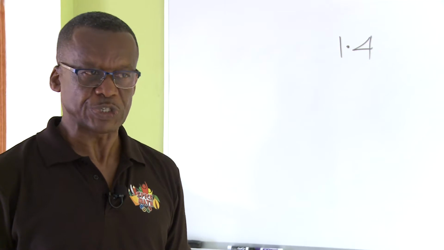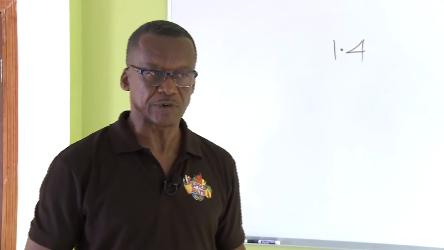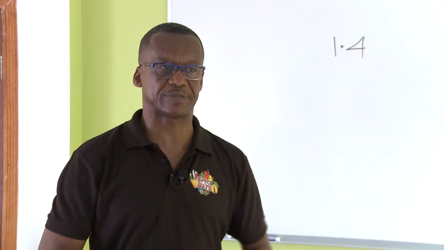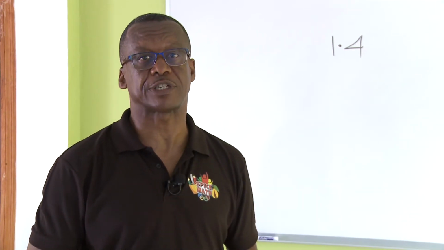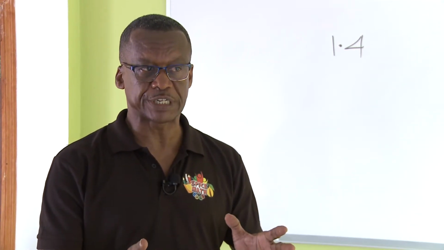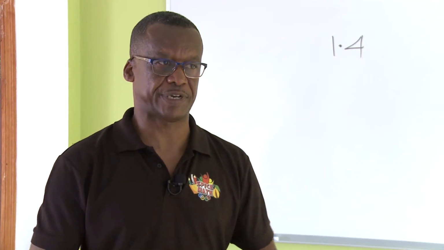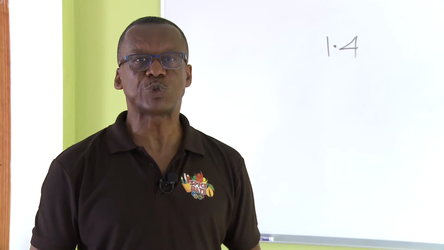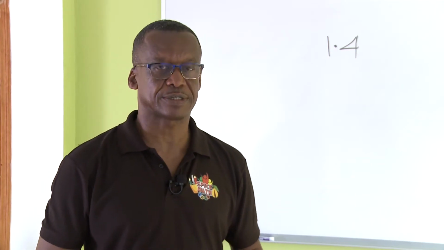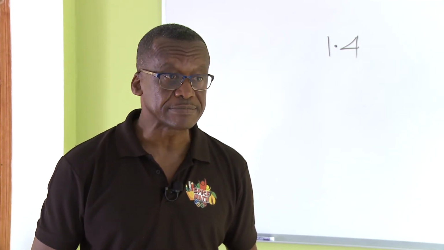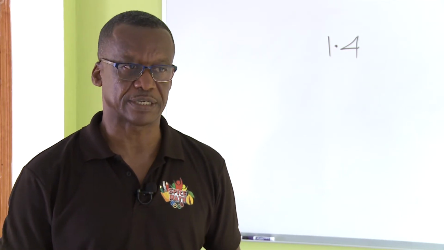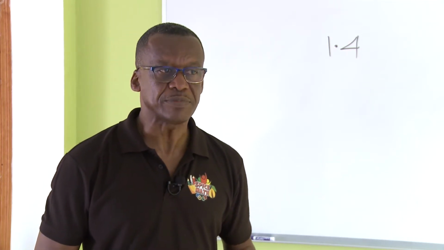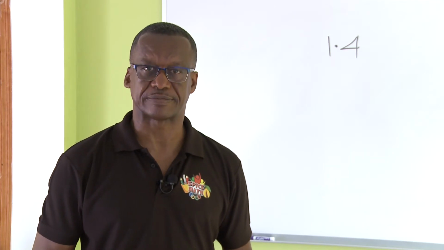But what we want to do today is to take a look at what really is a decimal fraction. Now, the definition for a decimal fraction is a little wordy, but it's worth remembering. A decimal fraction is a fraction whose denominator is some power of 10, usually indicated by a dot or a point, written before the numerator.